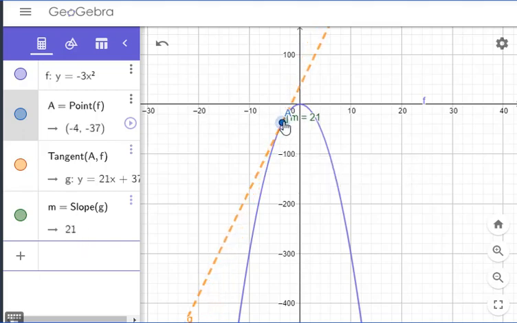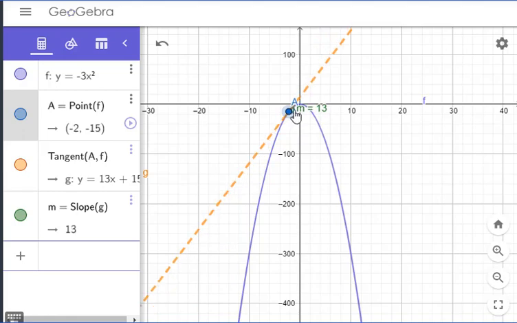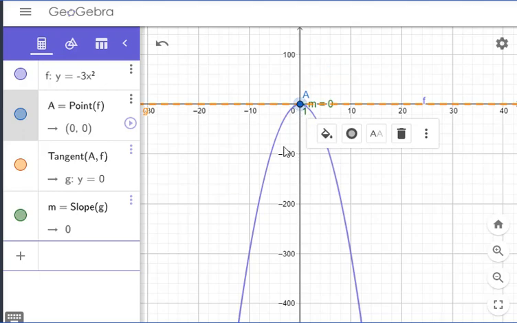Then when x equals negative 1, sometimes it's hard to find a negative 1 over here. You need to change the zoom of this graph.